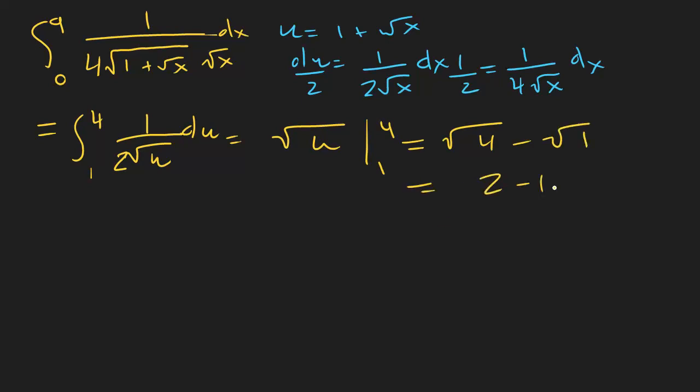Now, in some cases, you may definitely need to complete the square, right? So what I want to conclude with is an example where we need to complete the square.